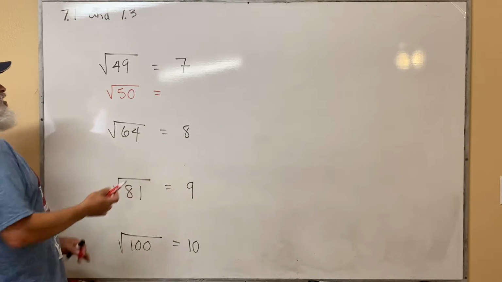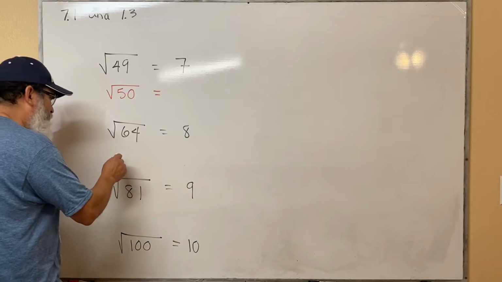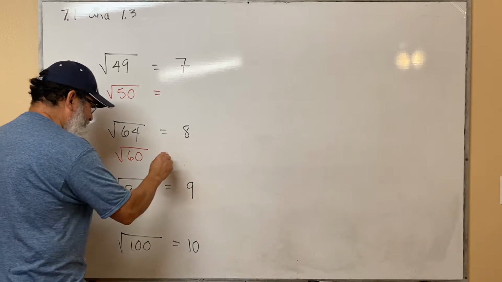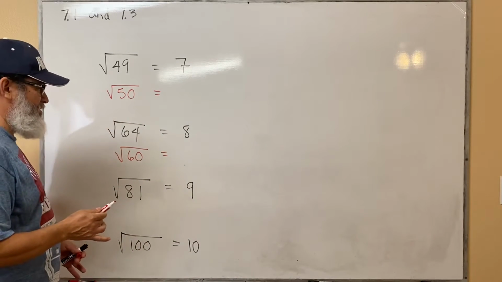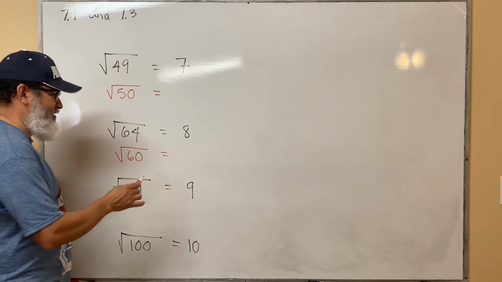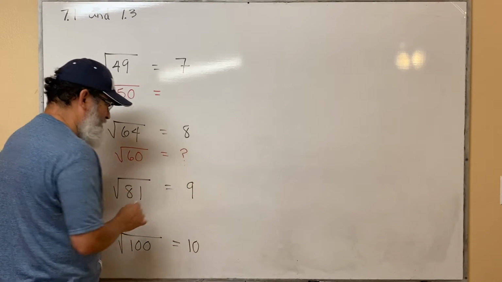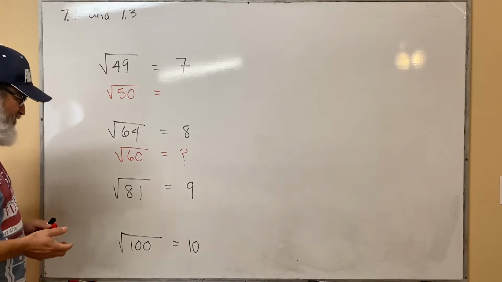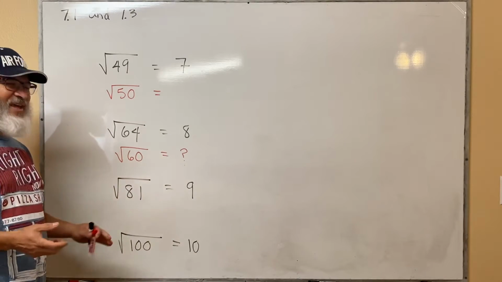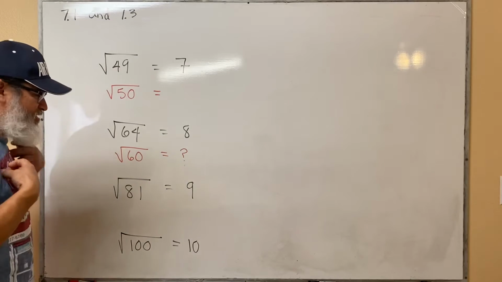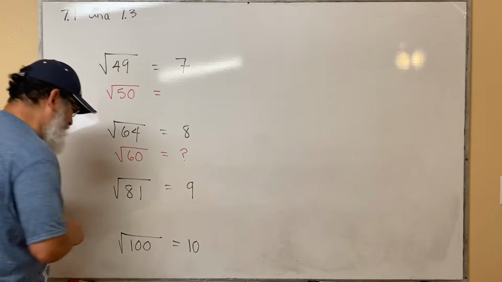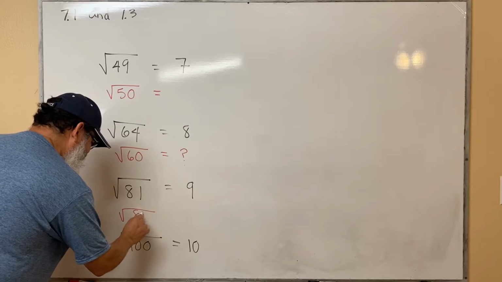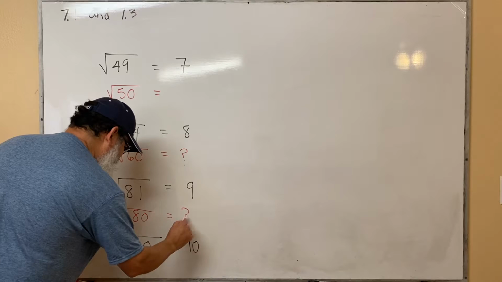But okay. The square root of 64, 8, right away. What about the square root of 60? We're stumbling now. We don't know. Square root of 81, we have confidence. Yes, 9. What is the square root of 80?